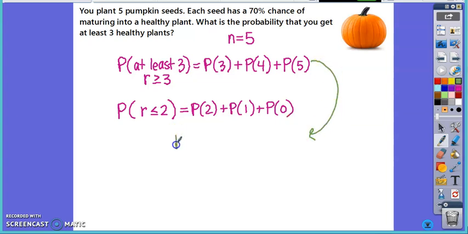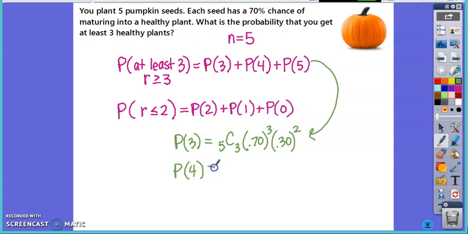So we'll do the probability that r equals 3, which would be 5C3, 70% chance for 3 of them. And if the other 2 die or are unhealthy, that would be okay. Maybe we'll get 4 healthy plants. Maybe all 5.